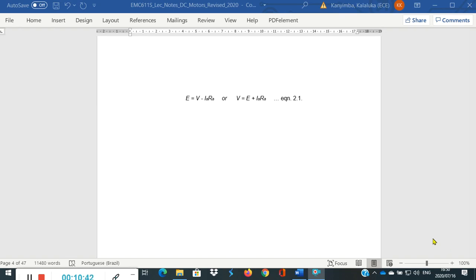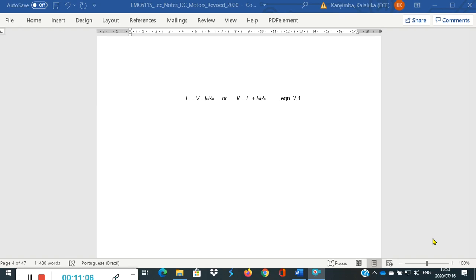The equivalent circuit diagram of the DC machine as a motor is based on equation 2.1, as we shall see later. RA may be taken to include the interpole winding resistance, the compensating winding resistance, or alternatively, they may be taken separately, connected in series with the armature resistance.